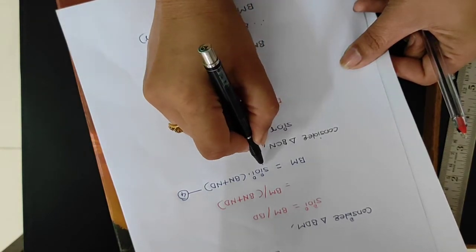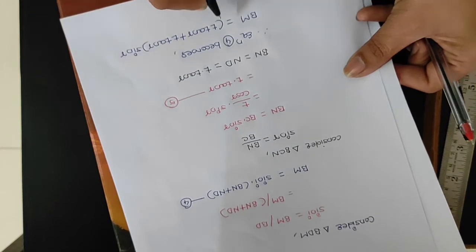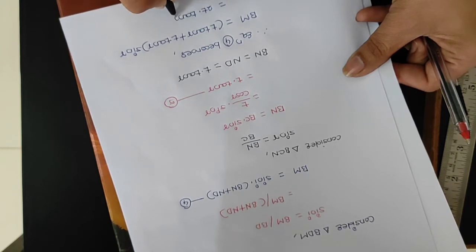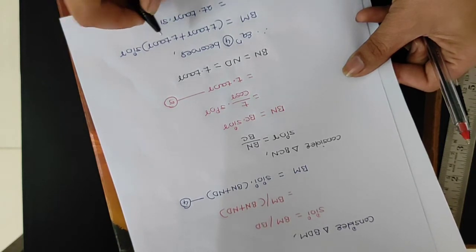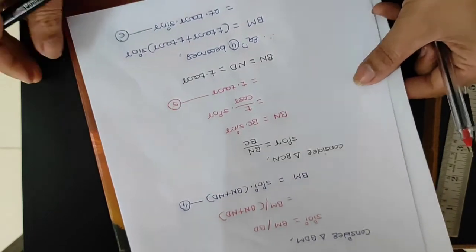Remaining term, that is sin i, we can write as it is. So finally we get 2t into tan r into sin i. Give next equation, that is equation number 6.